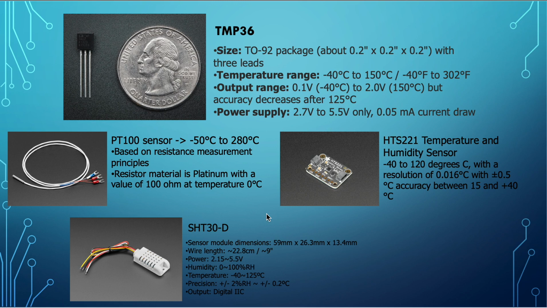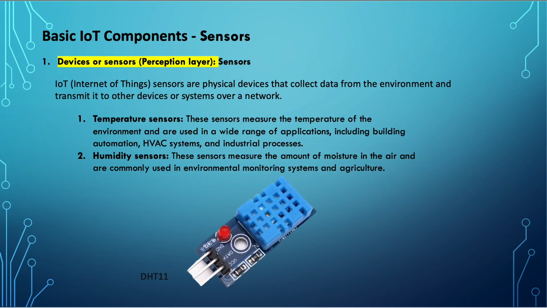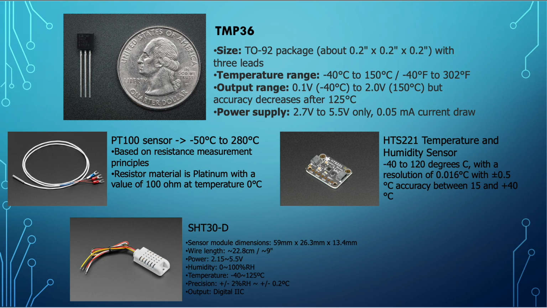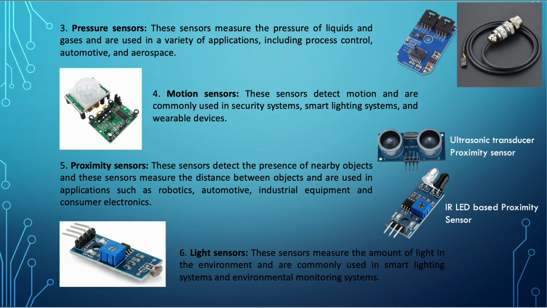So we talked about temperature, we talked about humidity, we talked about the ranges and everything and different types. We talked about pressure sensors, motion sensors, then there are proximity sensors, right? We talked about pressure sensors and where we can use them.